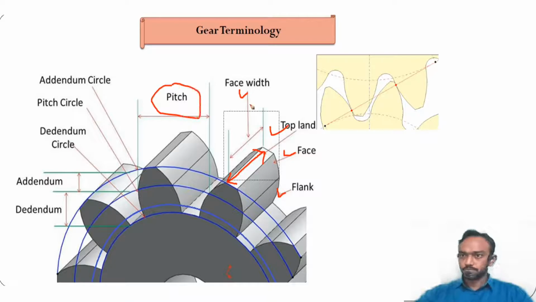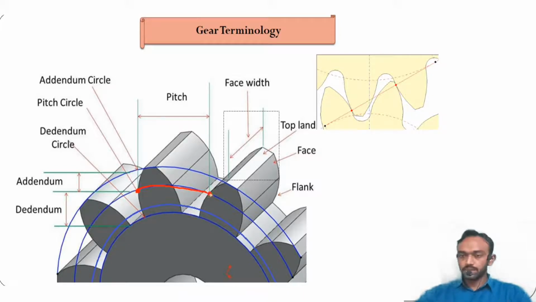And pitch. Pitch is the distance measured from one point of the gear to the same point on an adjacent tooth. If you consider a starting point, then you have to consider the same point on the second tooth, measured along the pitch circle.